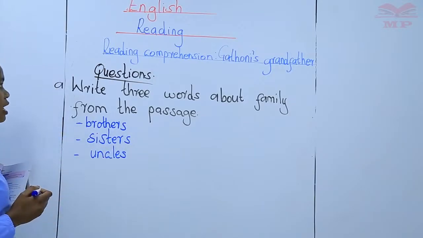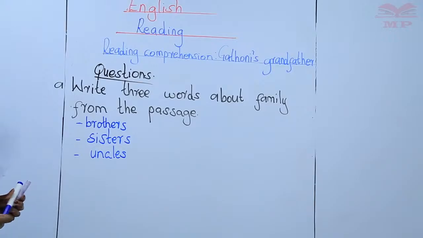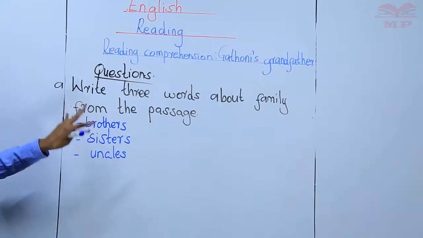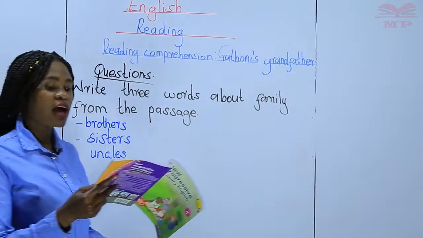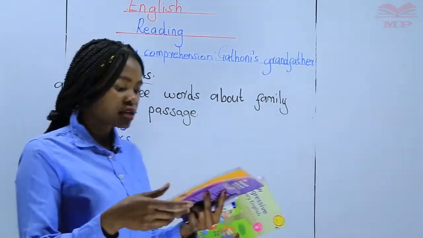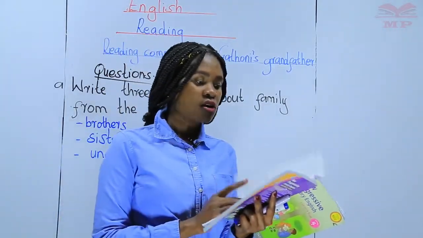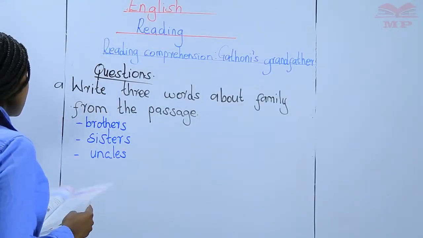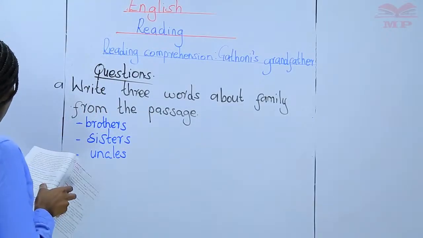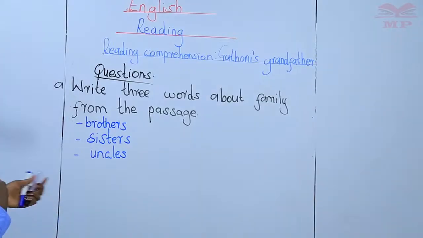So the question only asks us about 3 words about family from the passage. Now, these are just some of the words that are in the passage about family. We still have more. We have grandparents, great-grandfather, and aunts. Then the second question, what made Gathoni feel a little sad?